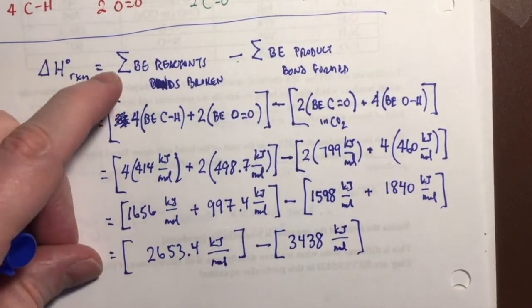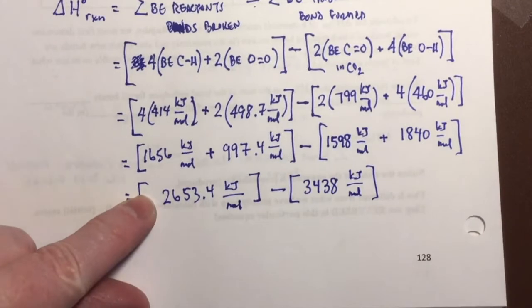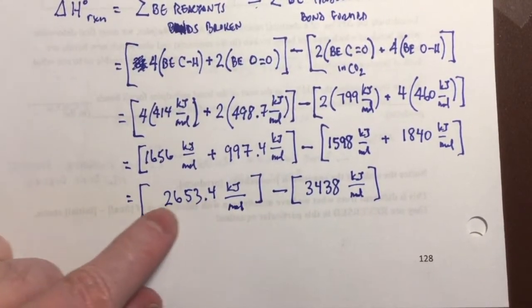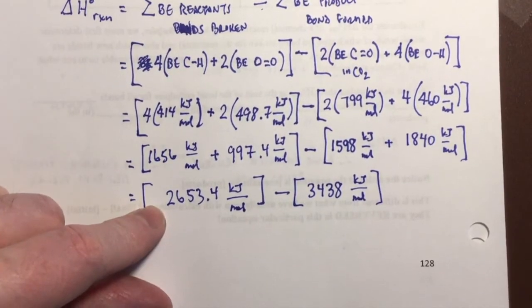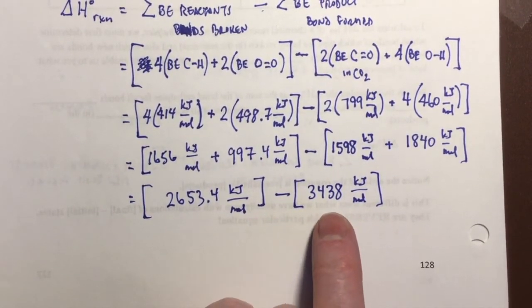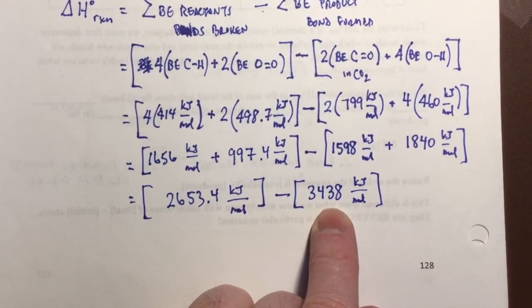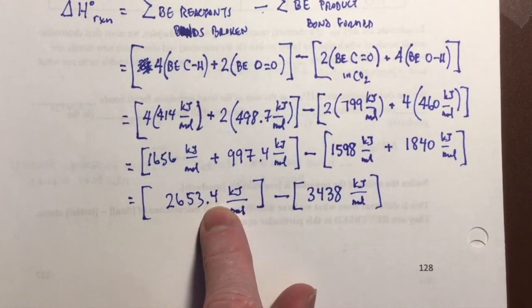So what does this mean? This means that it required this much energy to input per mole to break the reactant bonds. And then when the product bonds, the new bonds formed, it released energy in this amount. So that overall, it released more energy than I had to put into it.